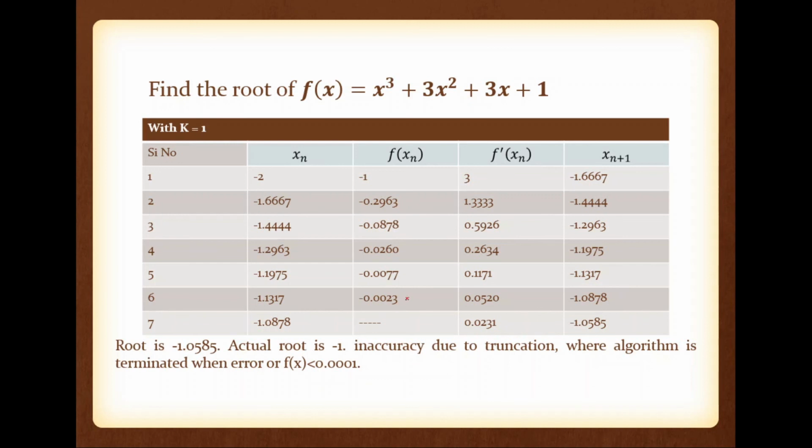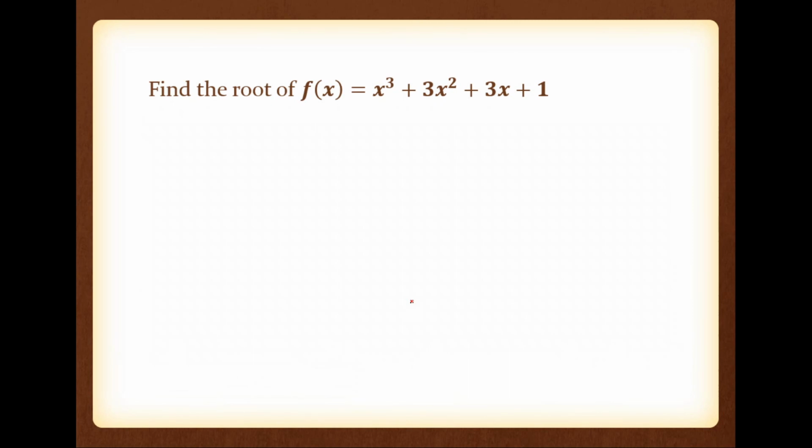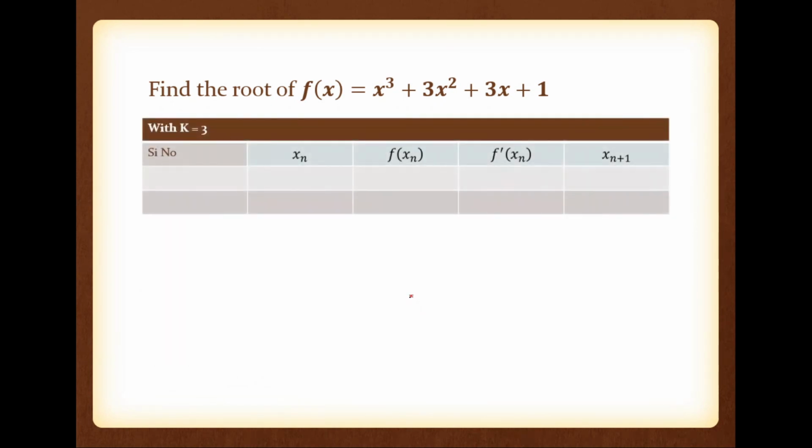Okay. So, now if you are using k equal to 3, if you are using modified Newton's method with k equal to 3. So, please note, again f dash is equal to 3x square plus 6x plus 3. And what is modified Newton's method?